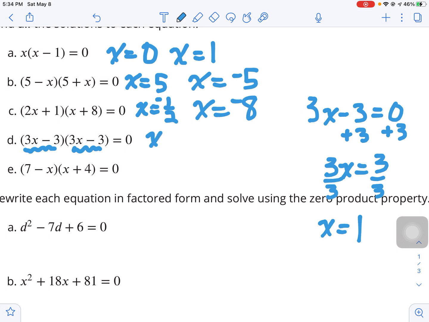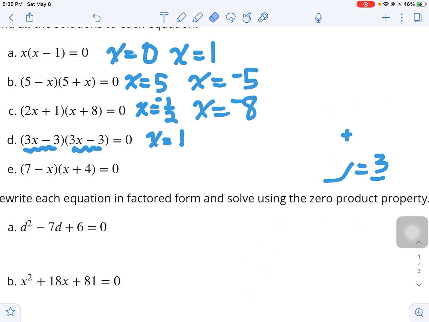And that's it. We don't have to do it again because the other one is the same thing. So x equal to 1, this must be a parabola that just sits on the x-axis right there where x is equal to 1. So one solution, whereas the other ones go through the x-axis twice.